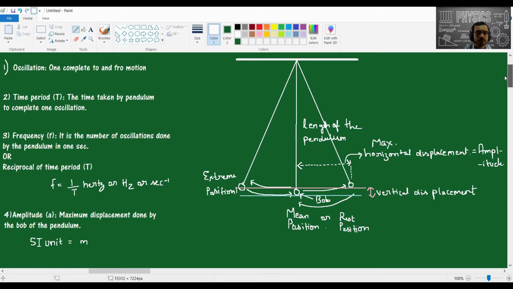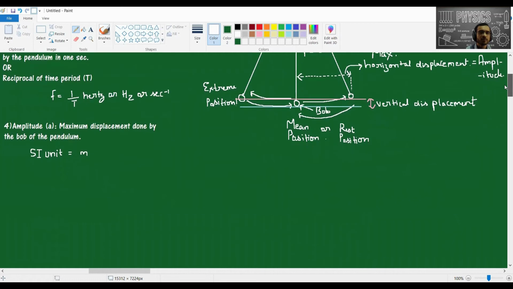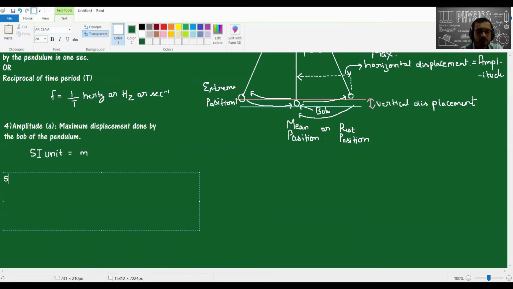From here, we will move on to the next topic. Effective length of the pendulum.